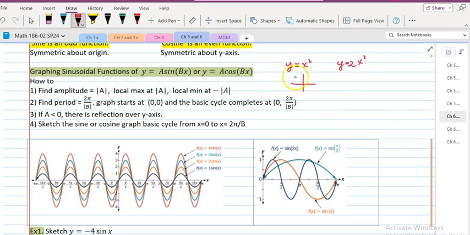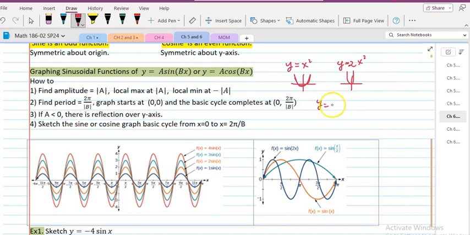The function is originally a parabola like this. Now if you multiply by 2, it's stretched up like that. This is the same if I have an a multiplying in front of sine x or cosine x. It's a vertical stretch.